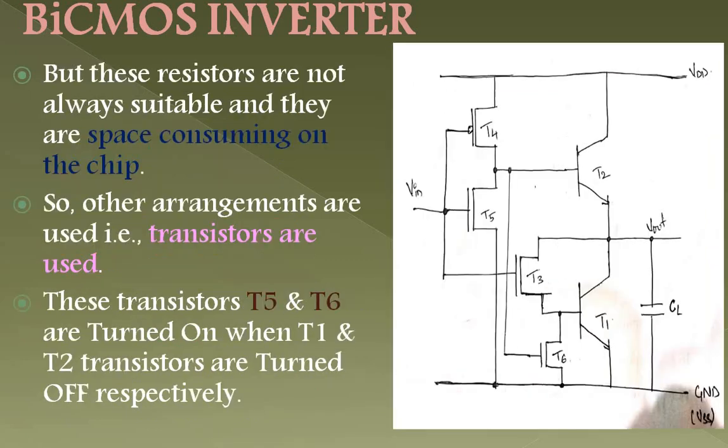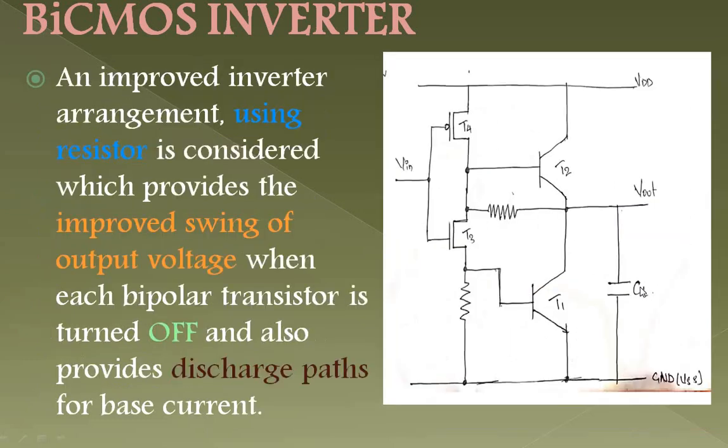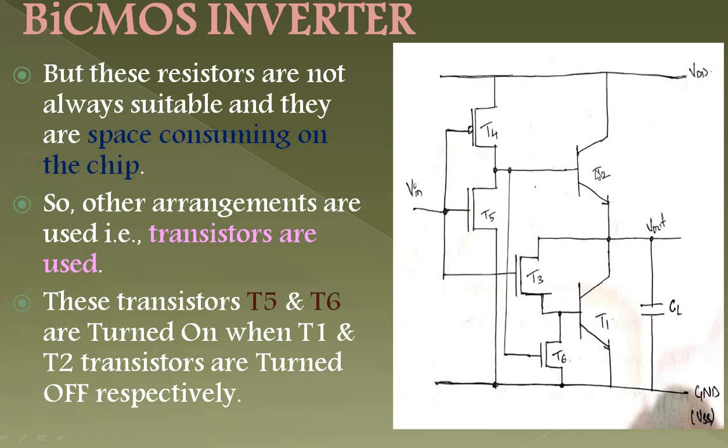Between T1 and T4 you will have T6, and between T2 and T4 you will have T3 over here. Same arrangement: where I had one resistor between two, now I have one transistor, and between these two transistors I have one more transistor. When T1 and T2 are turned off, these are both turned on. This is how your improved version of the BiCMOS inverter works.